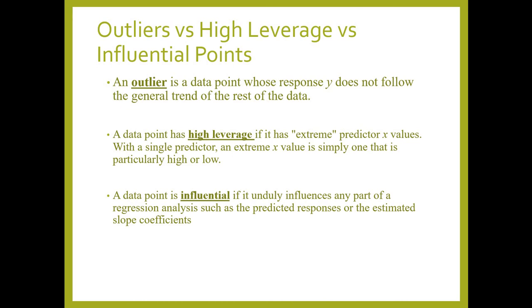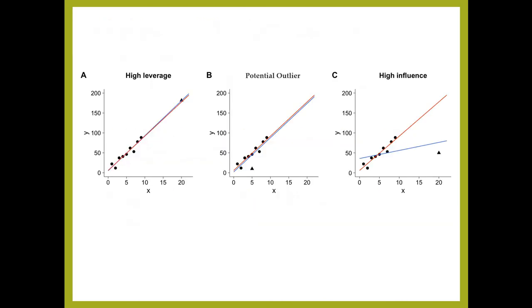A high leverage point is one that has an extreme X value, so it's either really high or really low. And then an influential point is one that will change the slope of the least squares regression line by a significant amount. And sometimes you can be both high leverage and influential. There are cases where that can happen.